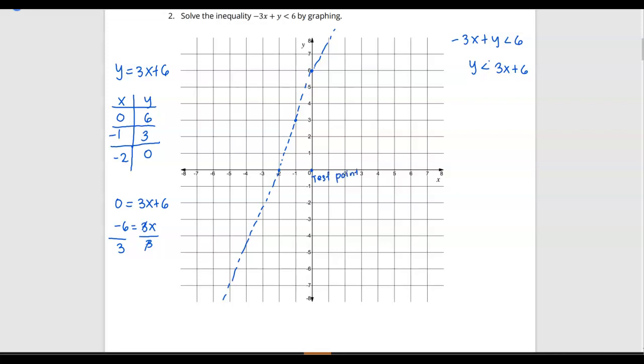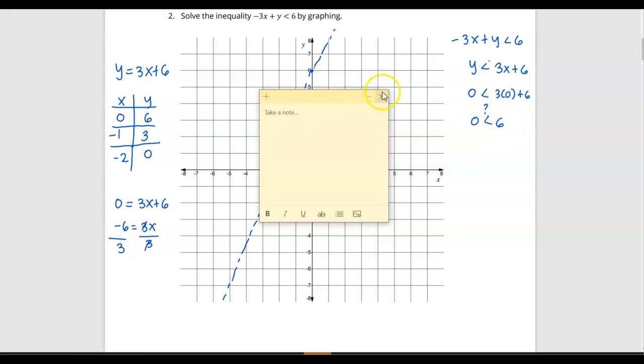So using our test point (0, 0), we see if that satisfies the inequality. If y is 0 and x is 0, then 3 times 0 plus 6 gives 0, 6. Does that satisfy the inequality here? Is 0 less than 6?